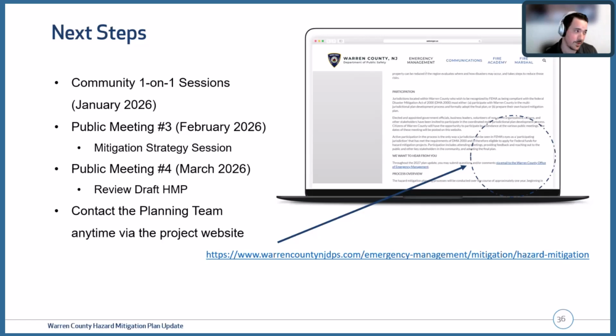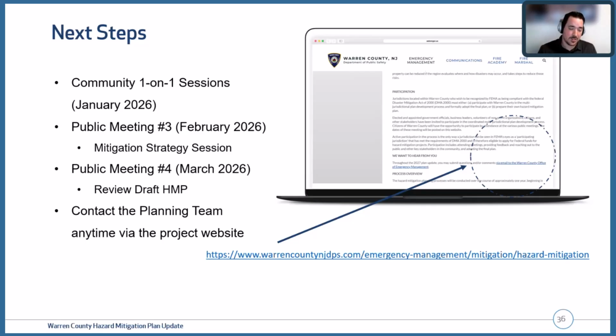You'll also find this recording there, along with future recordings if you can't meet the next couple of sessions, and public surveys that you can answer to help us develop the mitigation plan or bring it up to the county. If it's something we want to include in the plan or think needs to be addressed, that's the best way for your voice to be heard.